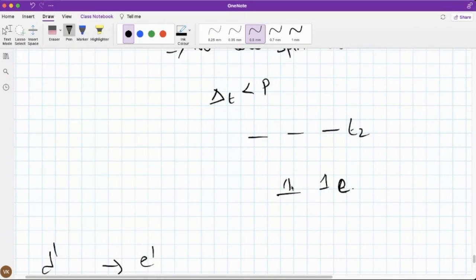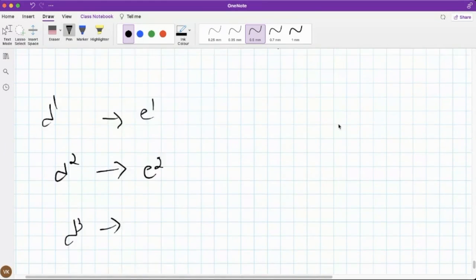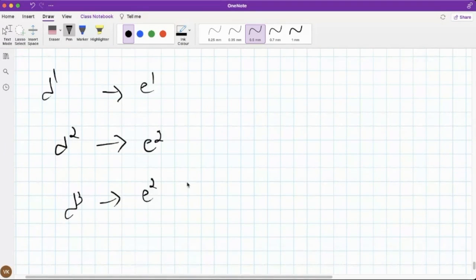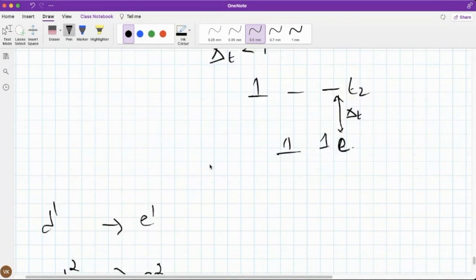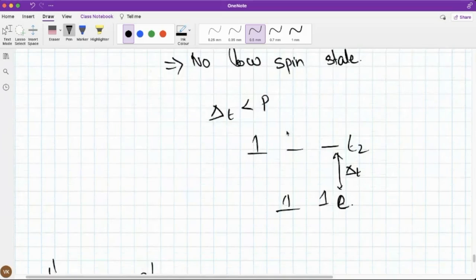Here it won't go and get paired because the delta T is lower than pairing energy, so it will directly go to the T2. So it is E2 and T1. This is how it is in the case of tetrahedral. There is no low spin state. It is always high spin state.